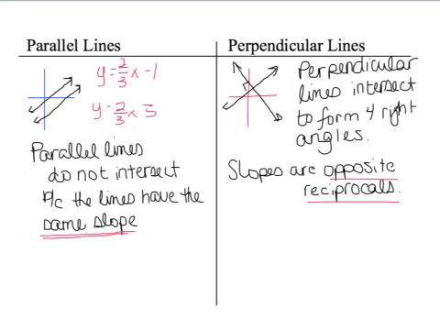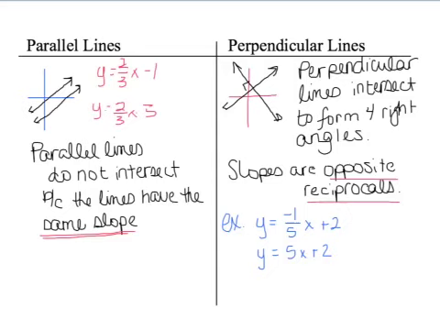Alright, for instance, if I have one line that has the equation y equals -1/5 x plus 2, and another line with the equation y equals 5x plus 2, we're going to check to see if these slopes are opposite reciprocals.